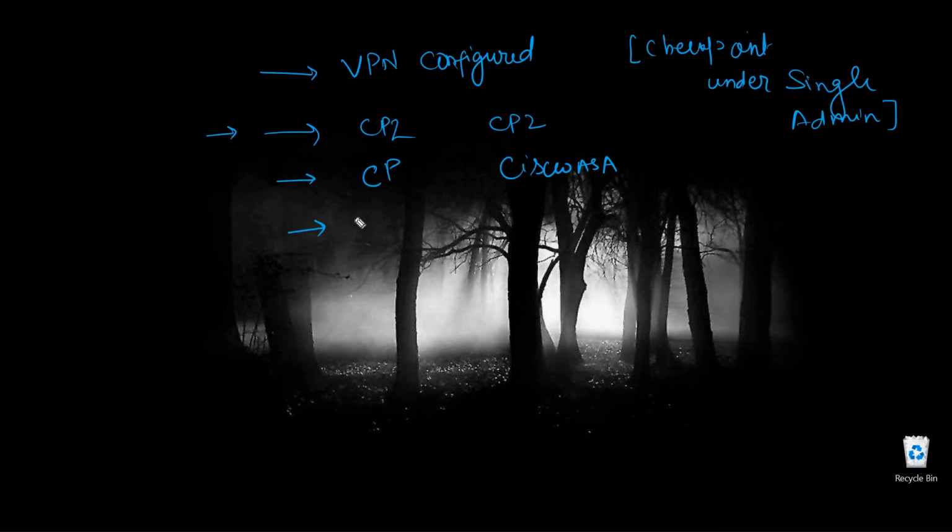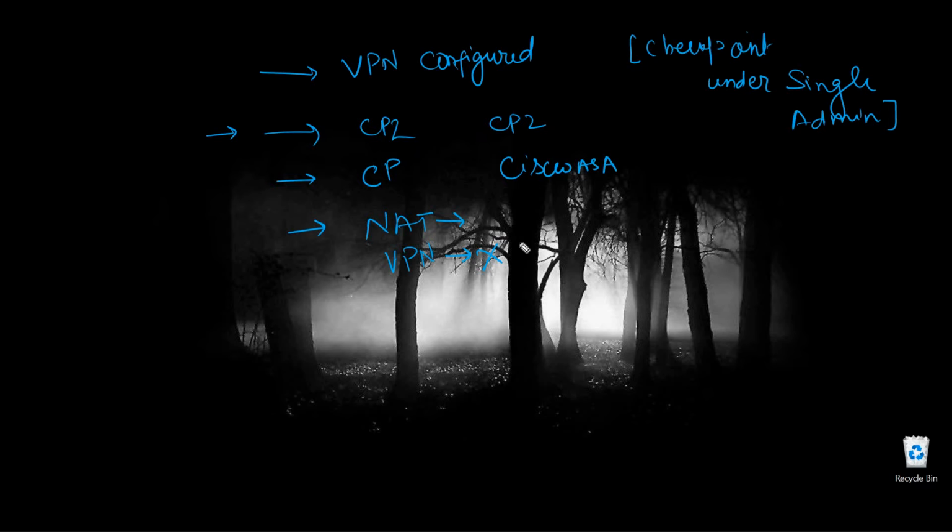The third thing we are going to configure is NAT to access the internet. The VPN will already be configured, and whatever configuration we did in the previous session is still there. But this time we are going to do NAT, and when we configure the NAT, our VPN will stop working and go down.